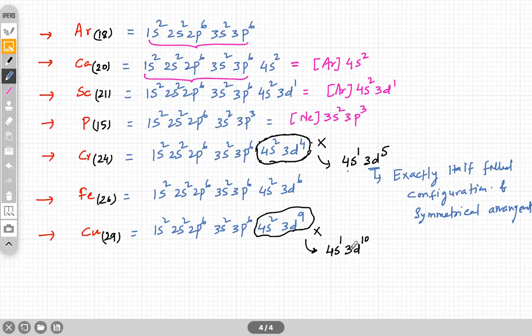Here what happens, you see. This one is exactly or fully filled configuration. Fully filled configuration. And again, symmetrical arrangement.